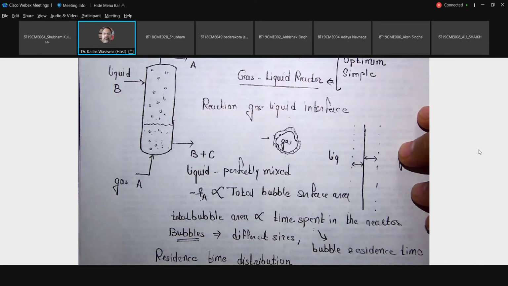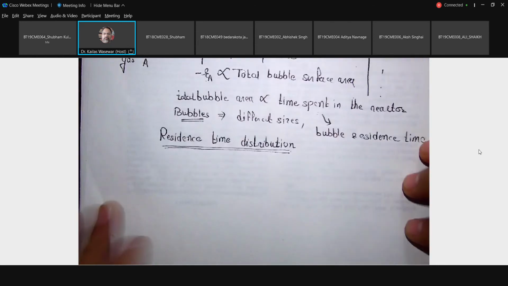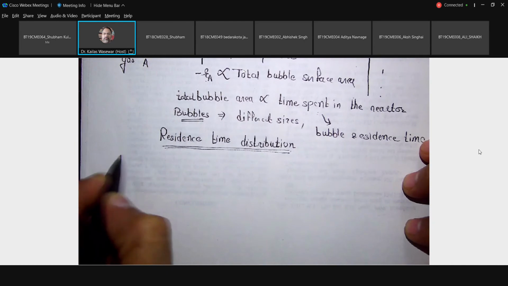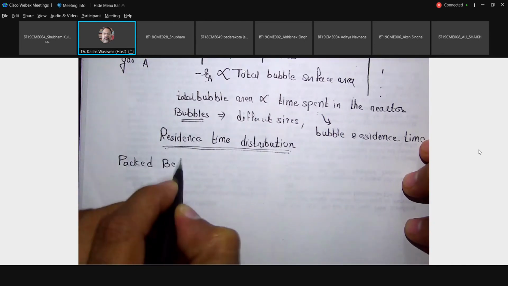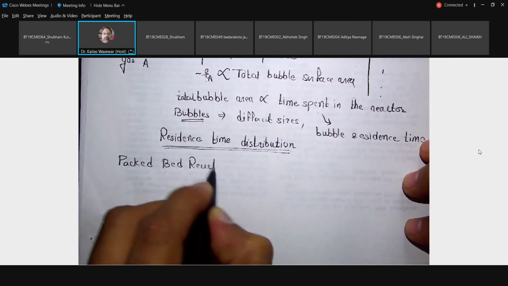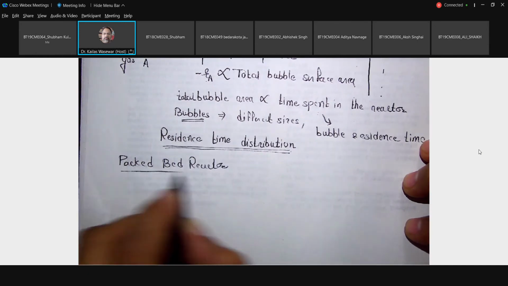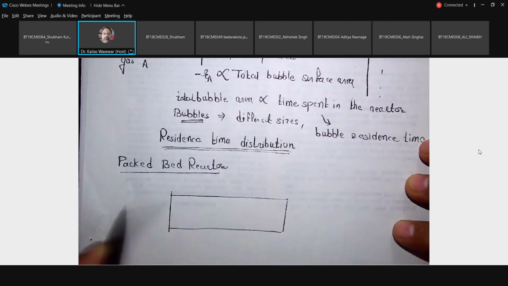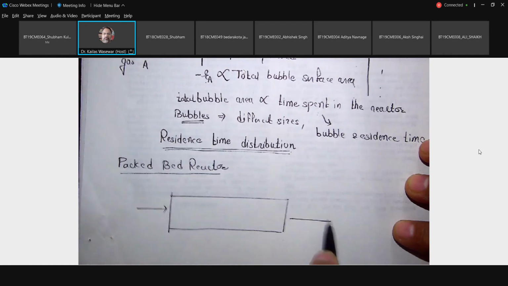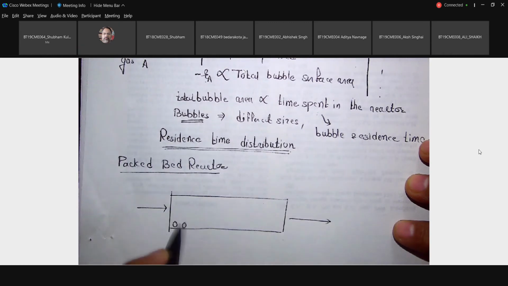Another example: the packed bed column, or packed bed reactor. Just take the packed bed reactor. In ideal condition, a packed bed we can assume as a plug flow reactor, plug flow behavior, and we design it that way. Suppose this is our packed bed. It is packed with a certain packing material.